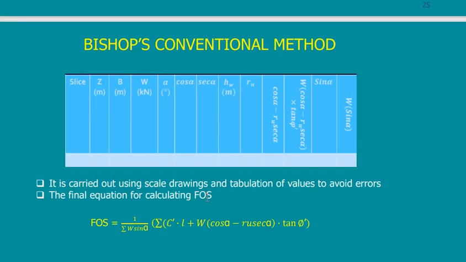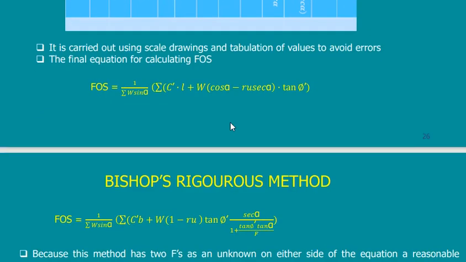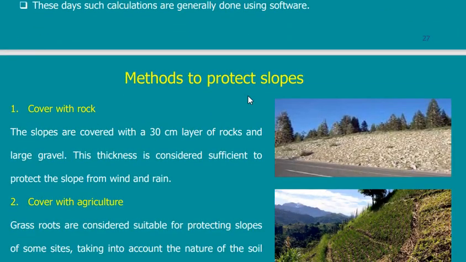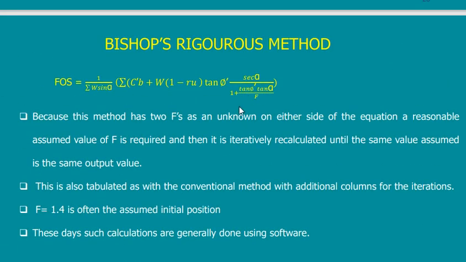But was this the end of Bishop? No. He gave us a more complicated method. This conventional method, we consider it a little bit complicated. So he gave us a rigorous method that is more accurate, but of course more complicated.